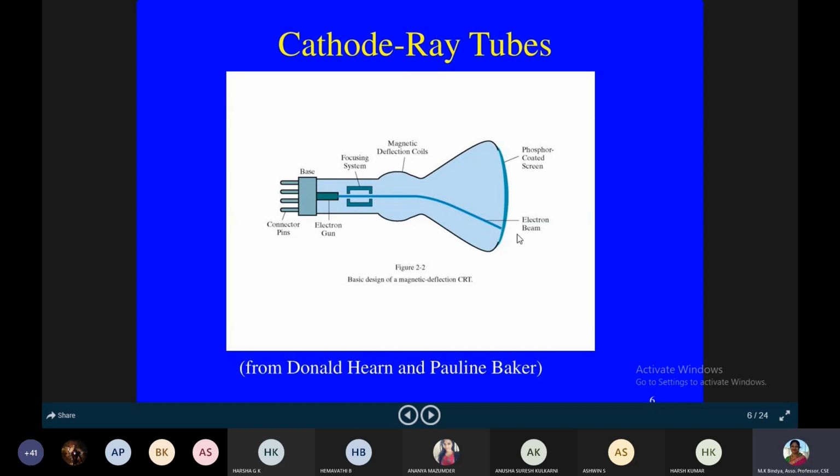Once the electron beams hit the phosphorus coated screen, there will be a light, or a spot, on the screen. When you see that spot on the screen, that is what we usually call the image that is going to be displayed.